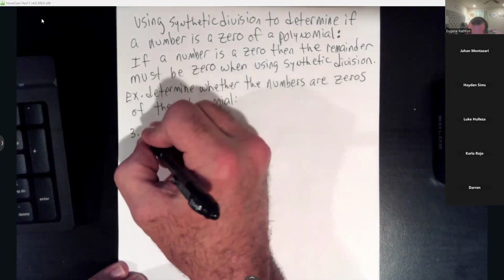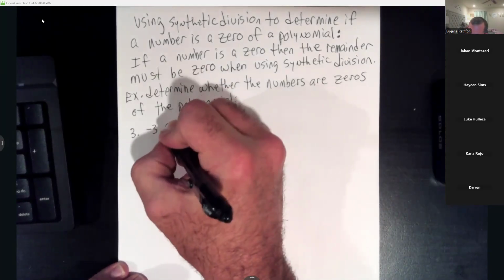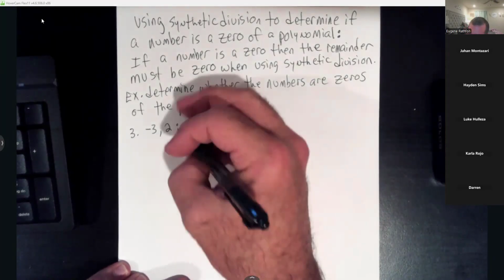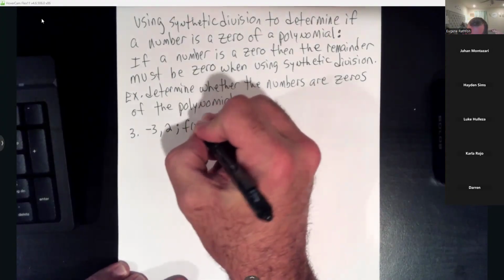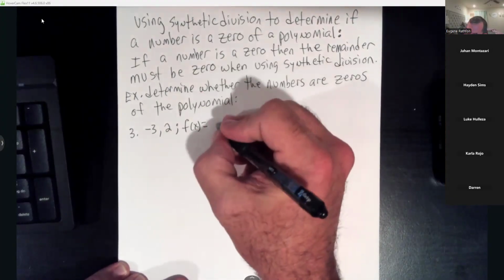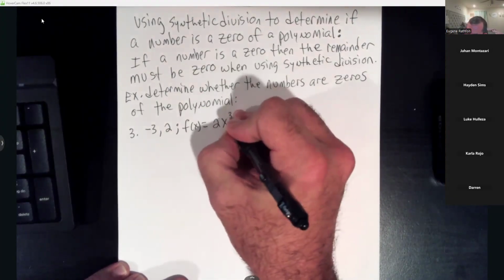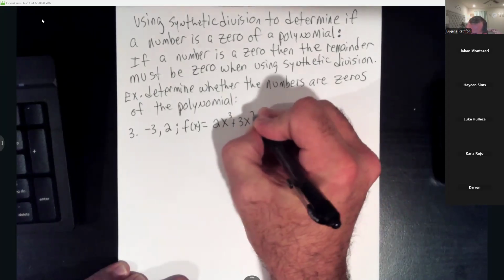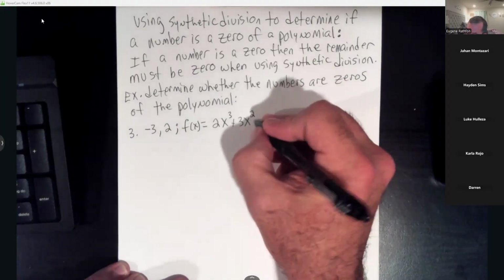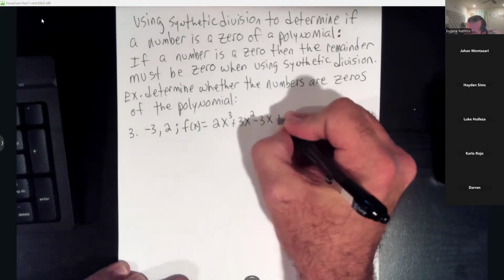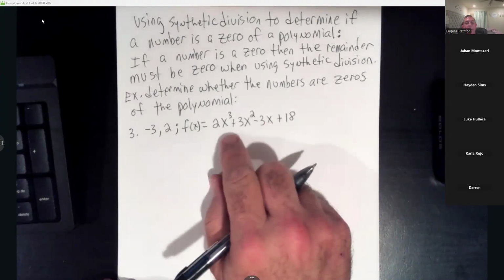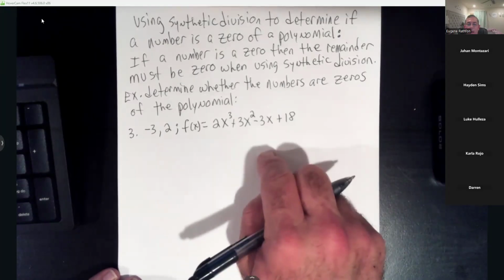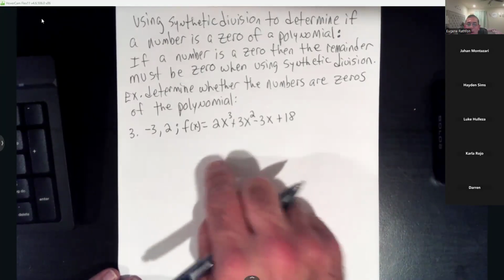So this one, they're giving me -3 and 2. So these are the numbers I'm checking. And the polynomial is f of x equals 2x cubed plus 3x squared minus 3x plus 18.